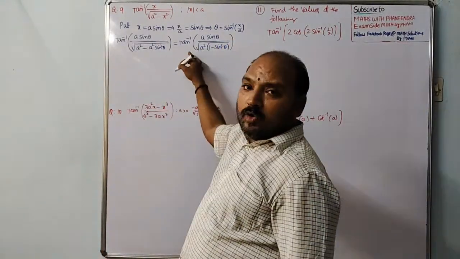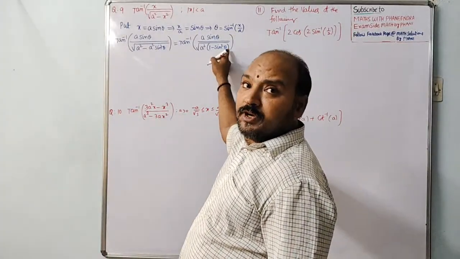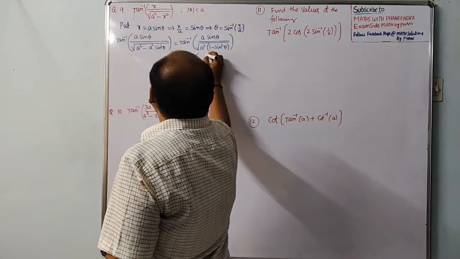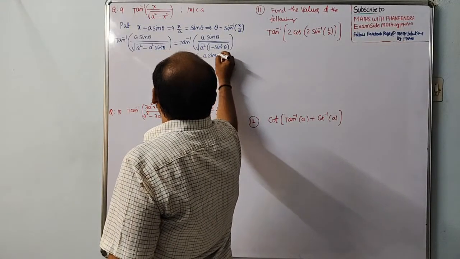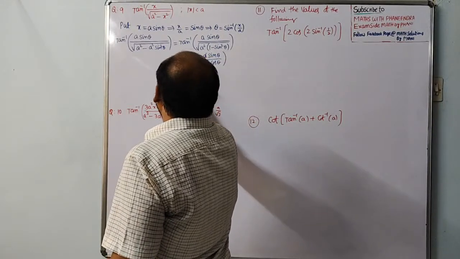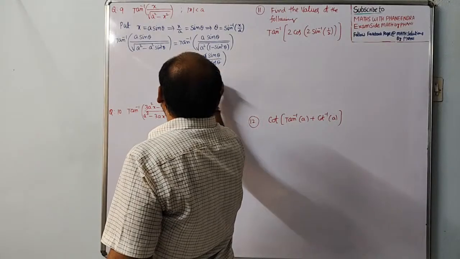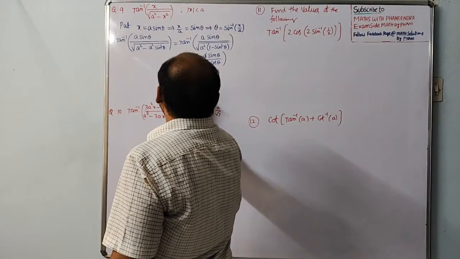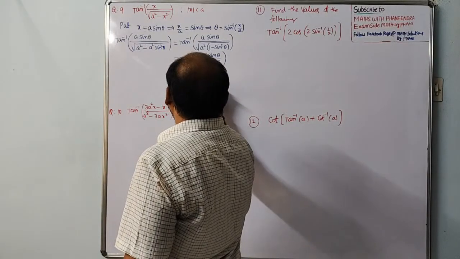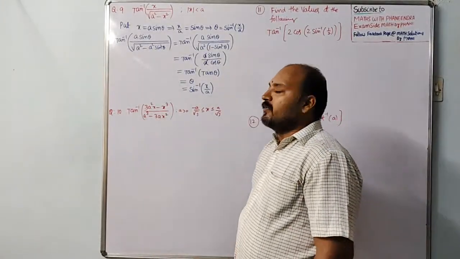So a square comes outside as a, and 1 minus sin square theta is cos square theta, that also comes outside. You will get a sin theta divided by a cos theta. So tan inverse of tan theta is equal to theta. Theta means sin inverse of x by a. This is the way we can do it by simplification.